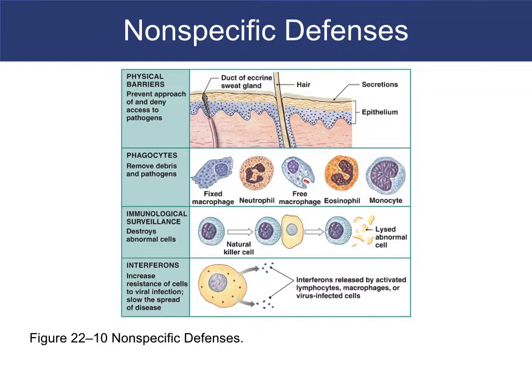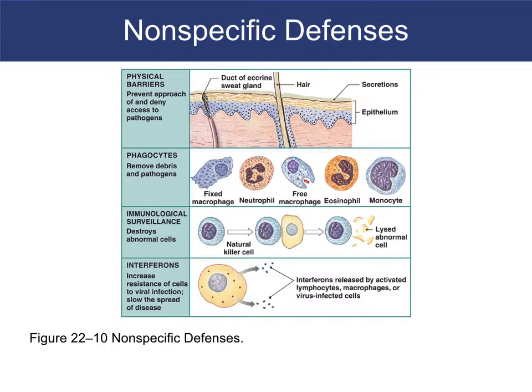We also have a set of cells called the natural killer cells. Their job is to go in and kill any abnormal cell. So if you have a cell that is not doing well, it's old or ready to die, the natural killer cells, the NK cells, will go kill it and eat it up, and it'll be gone.